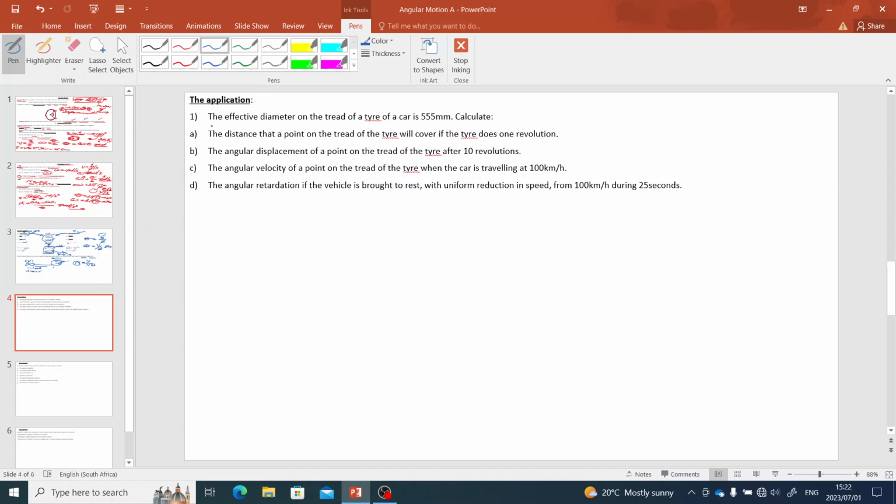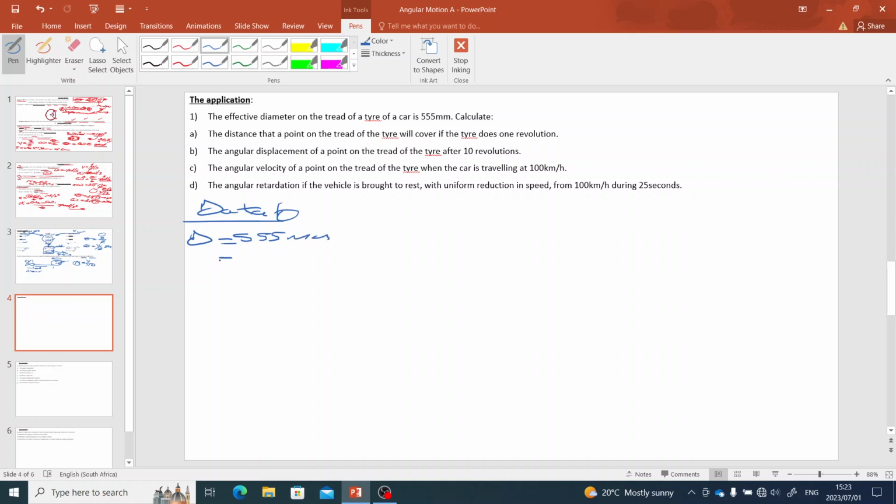Now let's take out the data, the given information on this application. We are given the effective diameter. The effective diameter on the tread of a tire of a car is 555 millimeters.